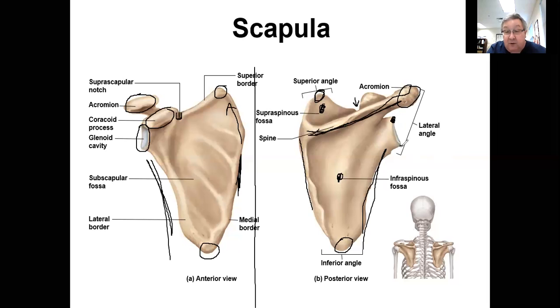Remember, there is also another muscle that comes from the infraglenoid tubercle. It's the triceps. And right here is the biceps. From the coracoid process, the short head of the biceps, the coracobrachialis.